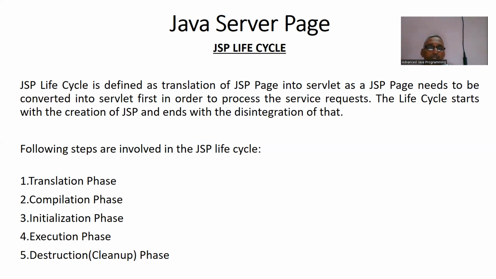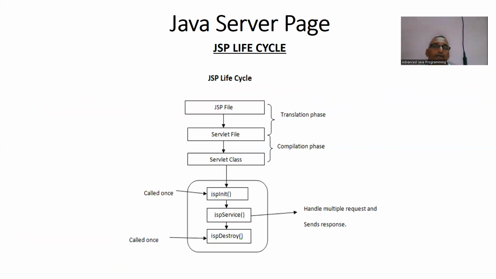The life cycle starts with the creation of the JSP and ends with its disintegration. There are some steps in the JSP life cycle: translation phase, compilation phase, installation phase, execution phase, and destruction or cleanup phase. This is the JSP life cycle diagram.